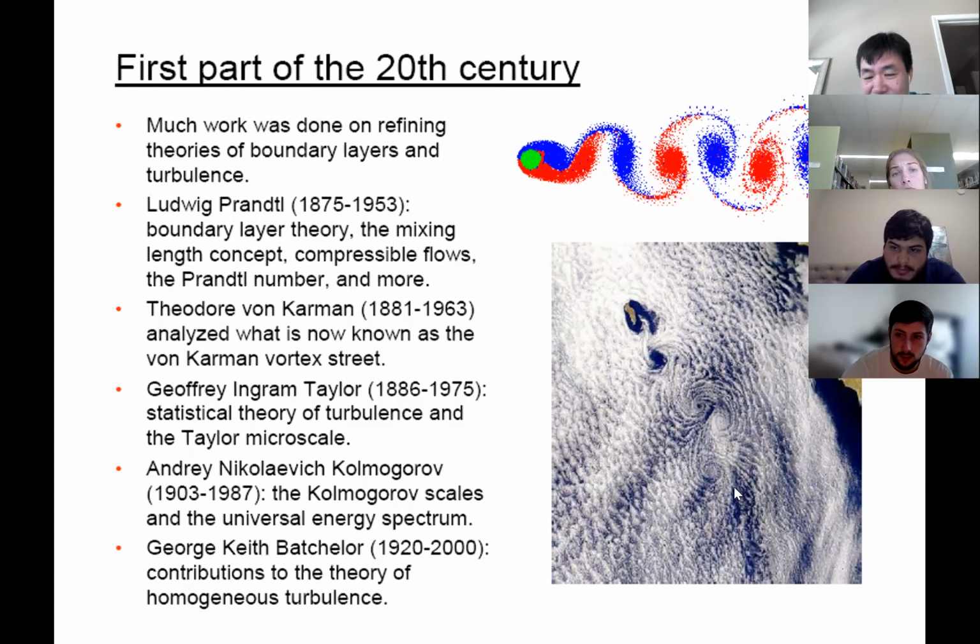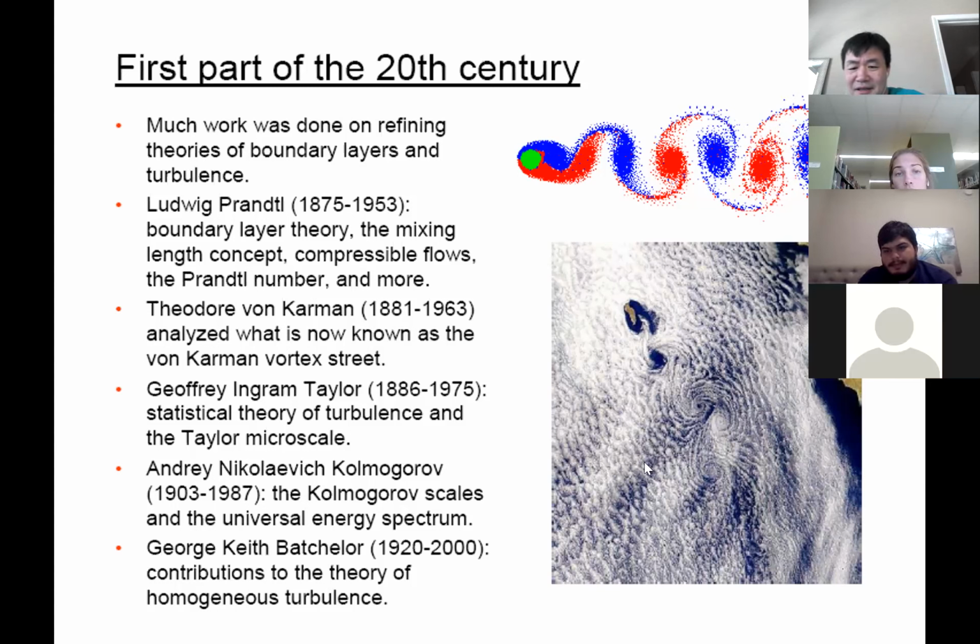That's the famous Von Karman vortex street. You know Von Karman? He's a famous fluid mechanist, working at Caltech. A lot of contribution in the early time came from Theodore Von Karman. One of them is the famous Von Karman vortex street.